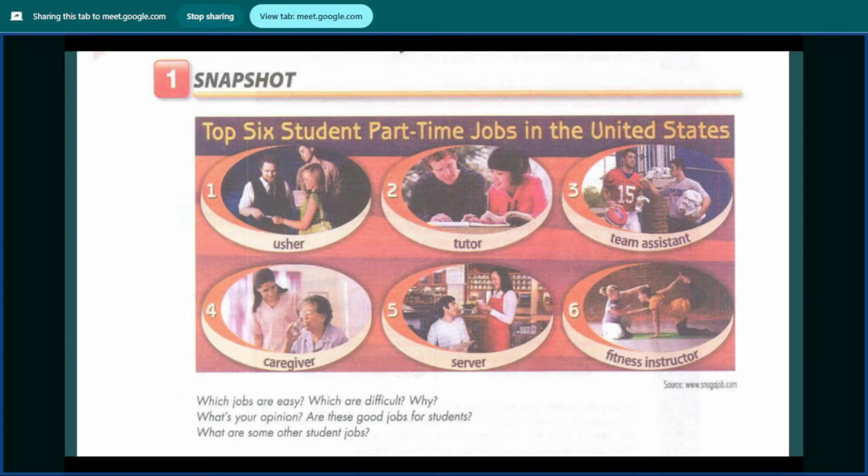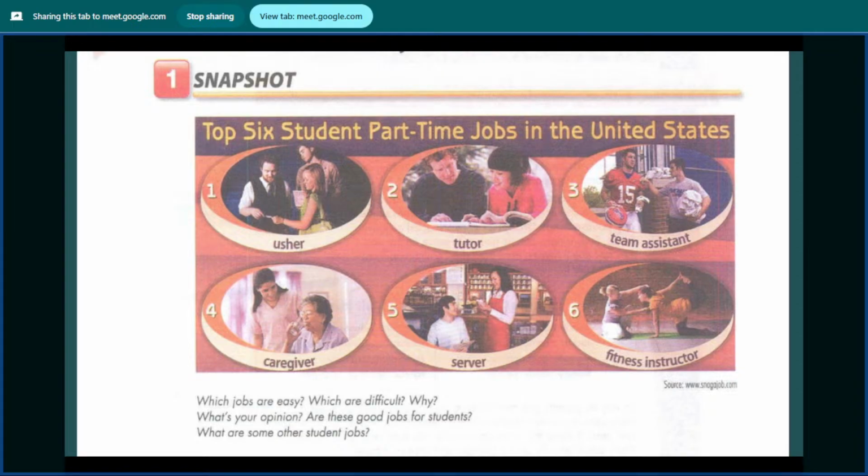They can guide the senior citizens with injections, medicines also. But a caregiver is the person who will only be with the person and make sure he has eaten, will keep them entertained, and will take care of all the other needs except the medical needs. That's the basic difference. Then we have a server. Server is nothing but a waiter. Then we have a fitness instructor. Of course, fitness instructor हमें पता है, they help us with the fitness.